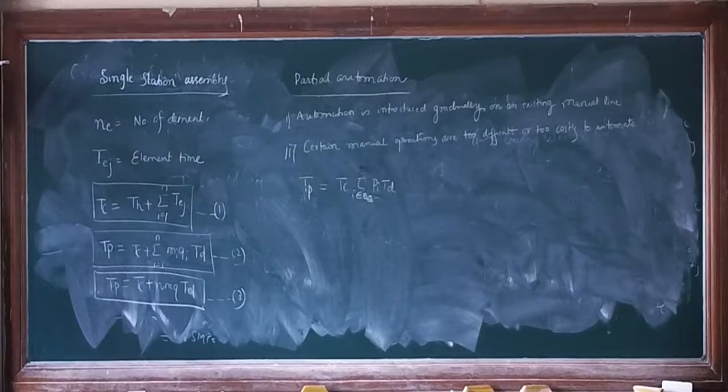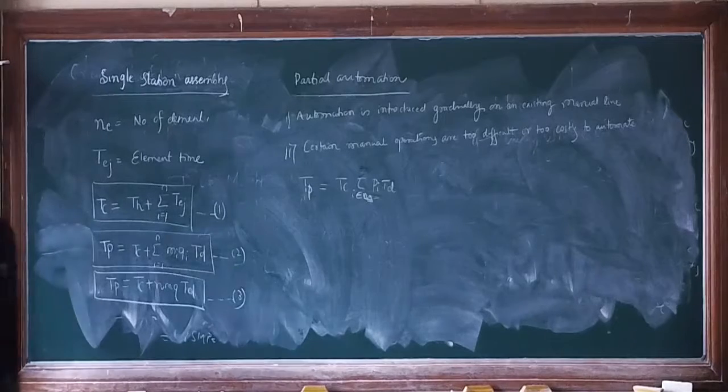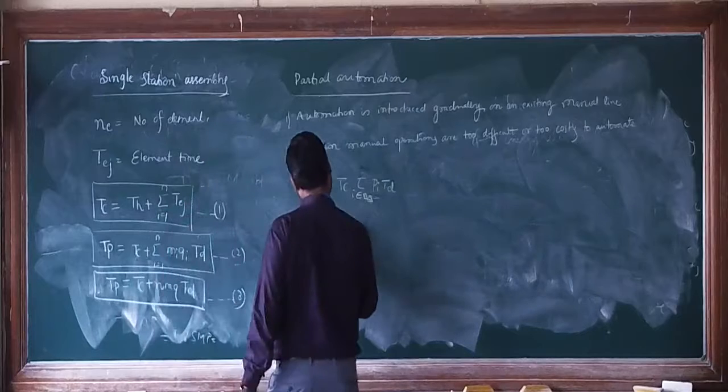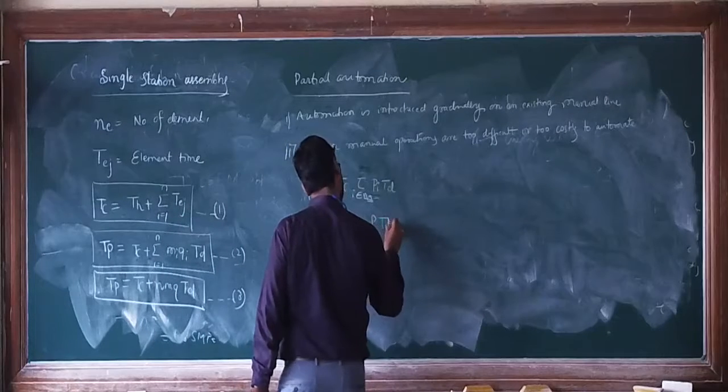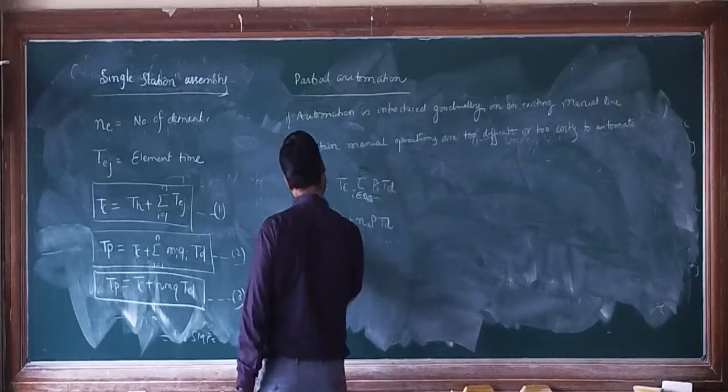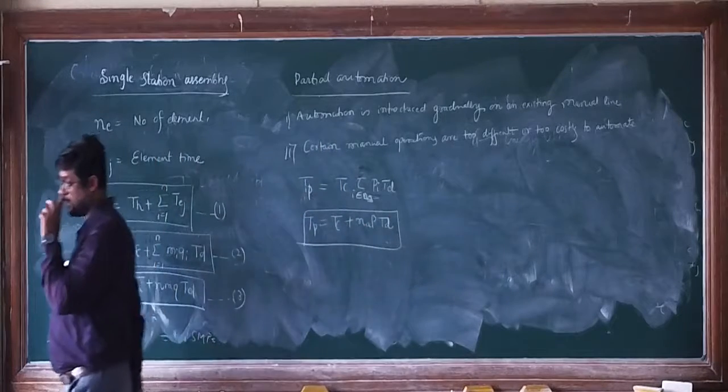If all Pi, Mi and Qi are equal, the probability of line stoppage because of defective parts, which will cause the station to jam, and the fraction defect Qi are equal, respectively P, M and Q, then the equation becomes Tp is equal to Tc plus Na into P into Td. So this average production time we write with the help of this equation.